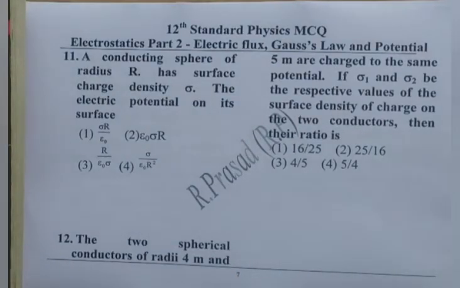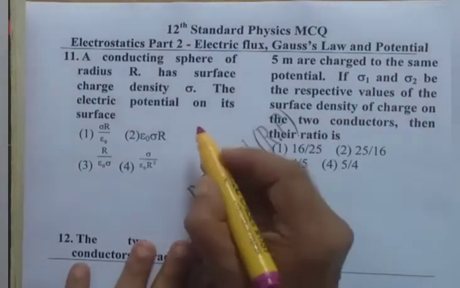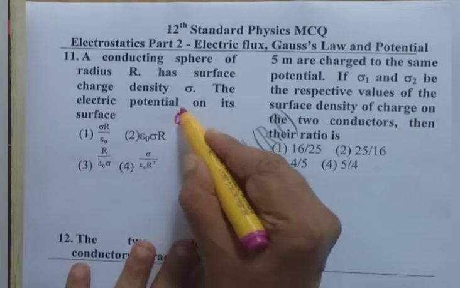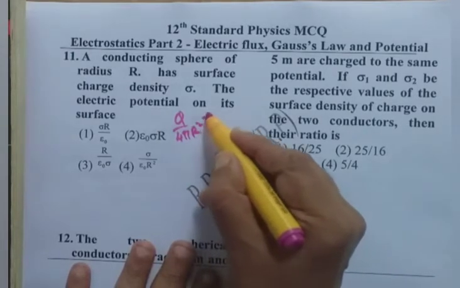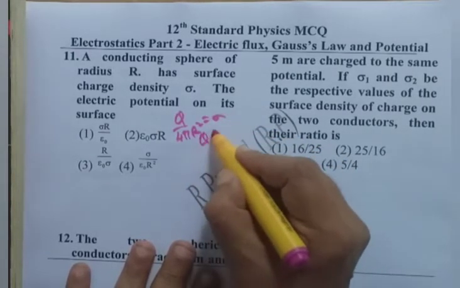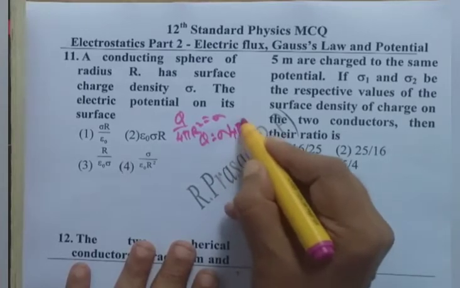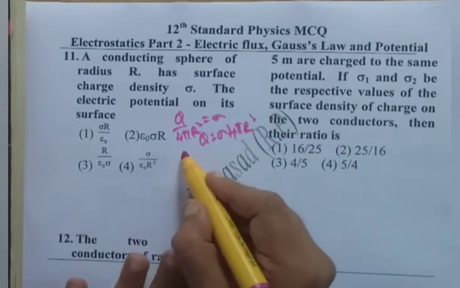Say a conducting sphere of radius r has surface charge density sigma. The electric potential on its surface, we know, say Q by 4 pi r square is sigma. So, Q equals sigma 4 pi r square, the surface area of the sphere.